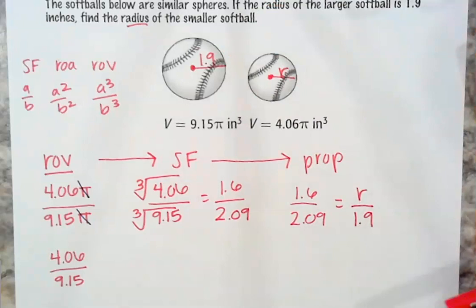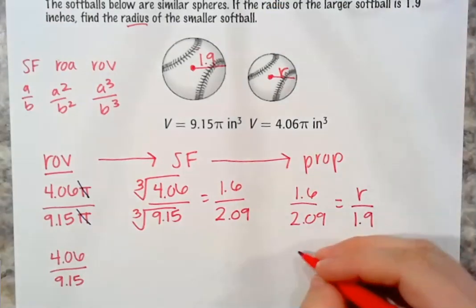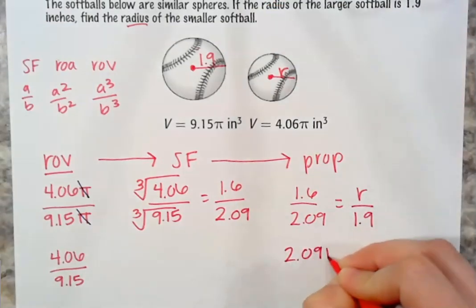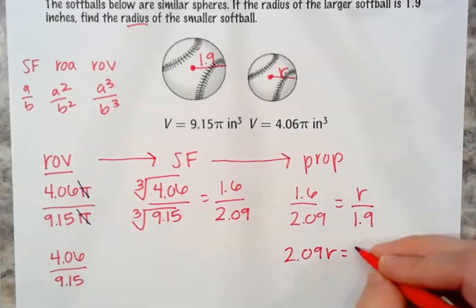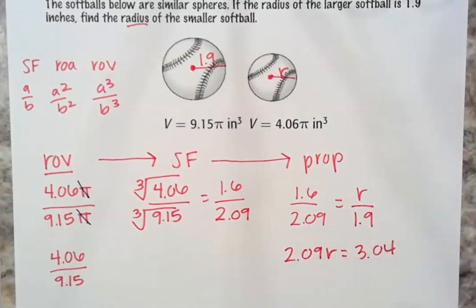And now we just cross multiply. That's 3.04 divided by 2.09. r equals approximately, to 2 decimal places, 1.45 inches.